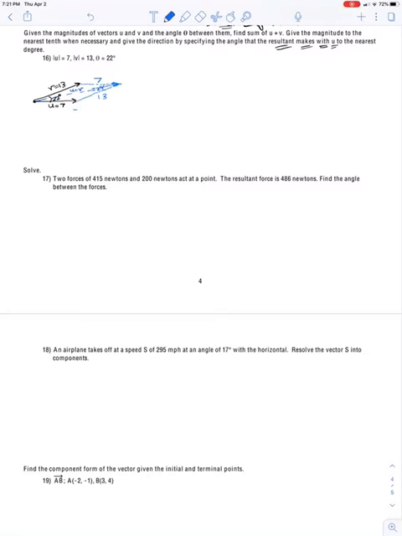So when we draw in the diagonal, we form two oblique triangles. Now let's go ahead and label this angle right here. We know this angle will be 180 degrees minus 22, right? Because we know any two consecutive angles are supplementary with each other. So remember, all four angles add to 360.